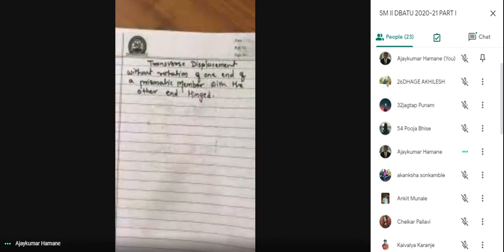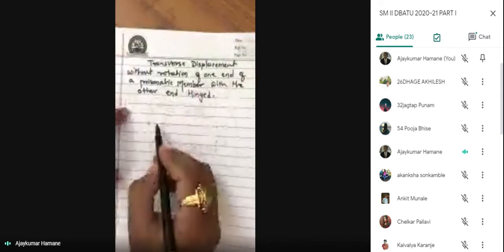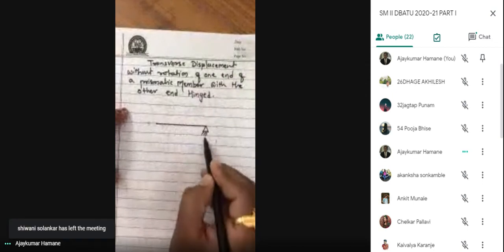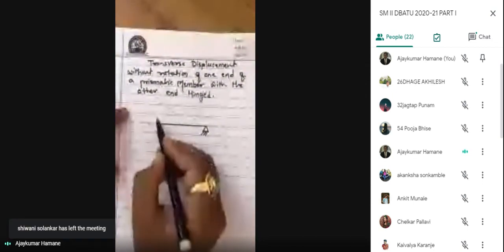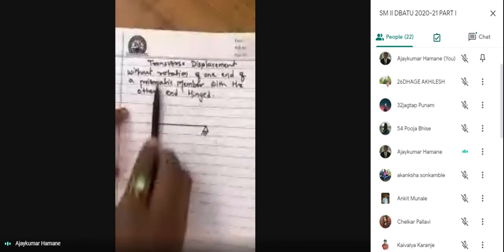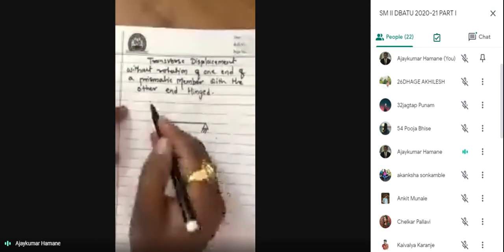Other end is hinged. So what will be here? See here. This is hinged. So now in this one we have a transfer displacement like this.